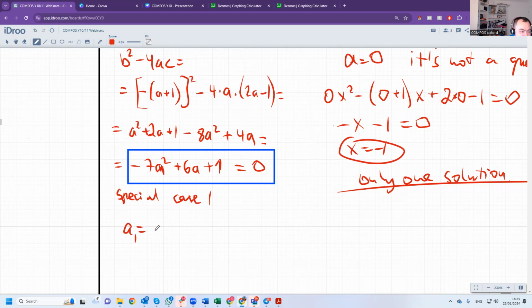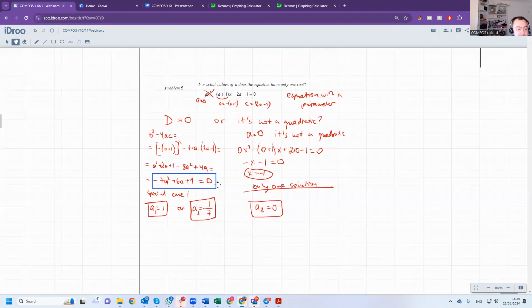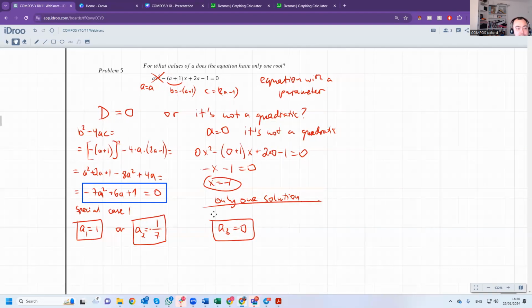So a is either 1 or a is 1 over minus 7, which is minus 1/7. And third, a is 0. So the equation has one solution in 3 cases: if a is 1, if a is minus 1/7, and if a is 0.